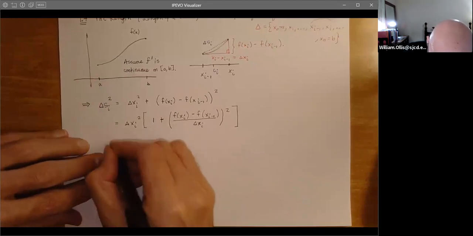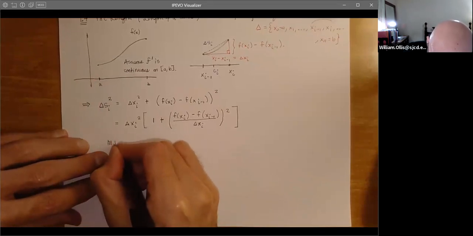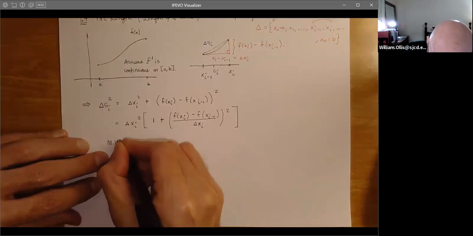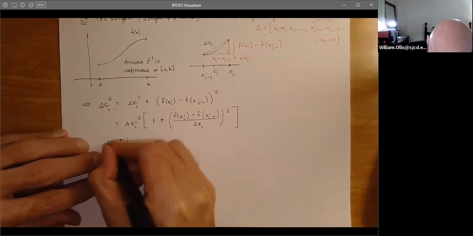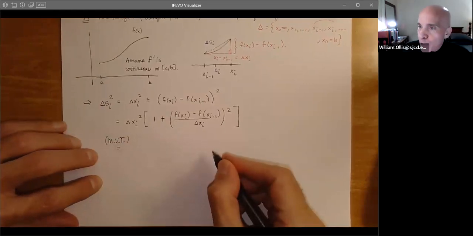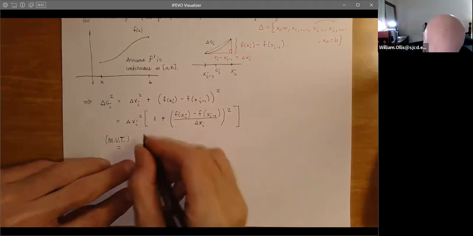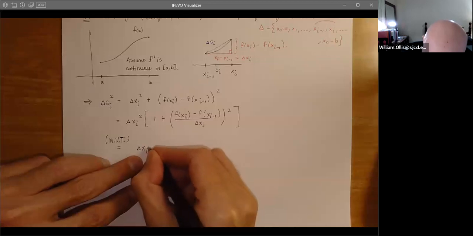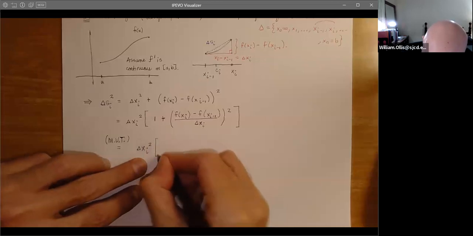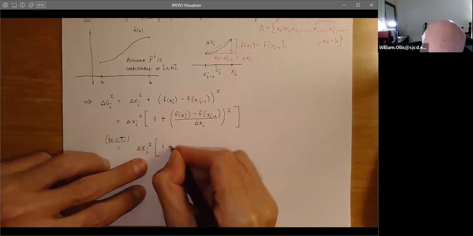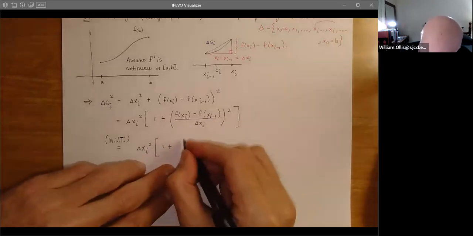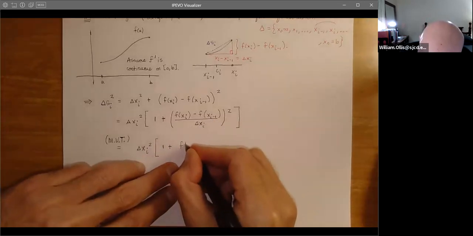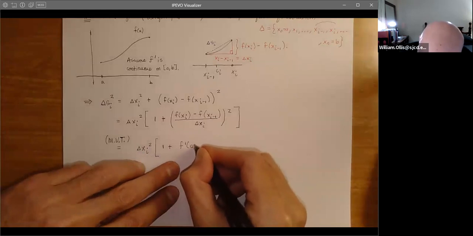So now I'll say mean value theorem, MVT. I'm sure you did spend a lot of time with this, or your professor talked a lot about the mean value theorem. Very important result. So we get 1 plus, and now we can replace this with the derivative, f prime c sub i.